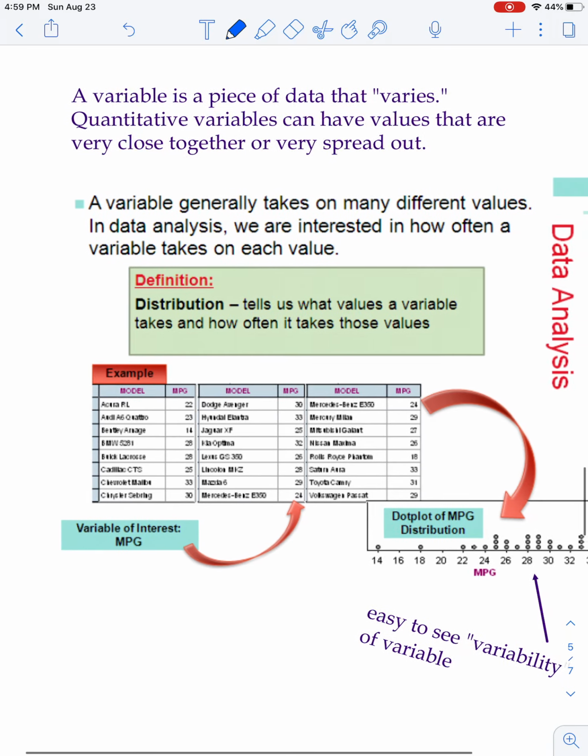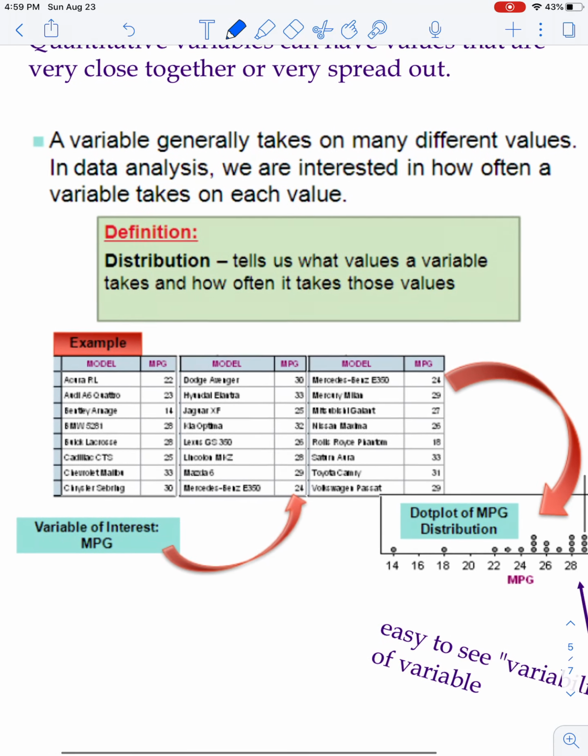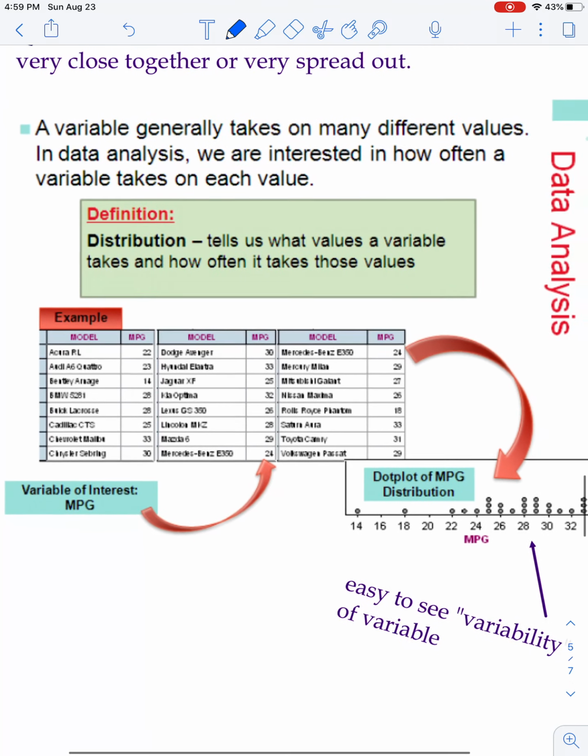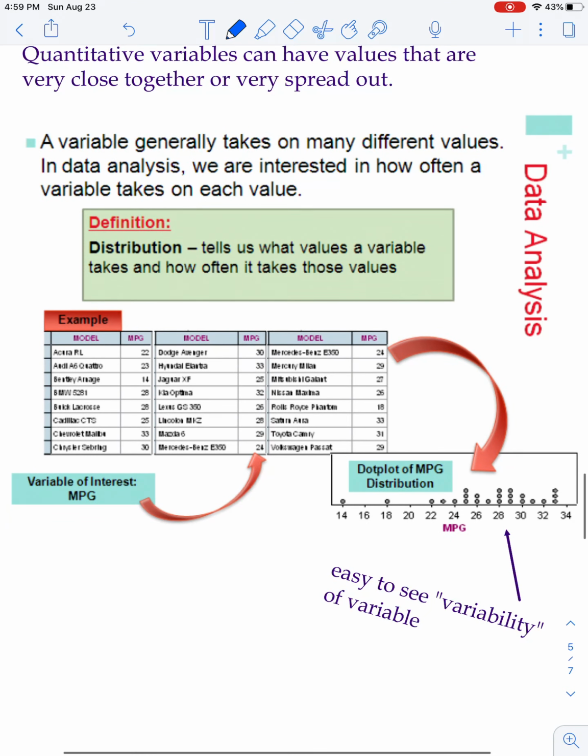And again, if this table is really small in your notes, hopefully this should help make it a little more clear, although it is a little hard to read. So we're going to talk about a distribution. A distribution tells us what values a particular variable takes and how often it takes on those values.